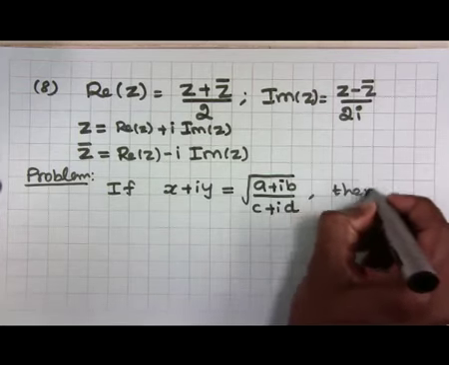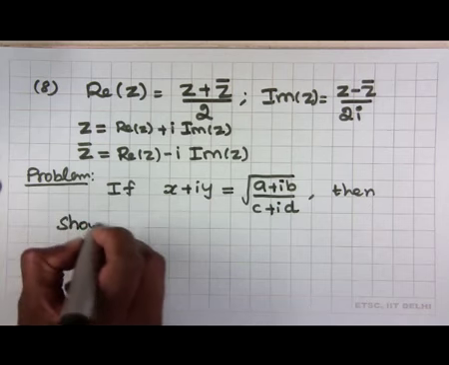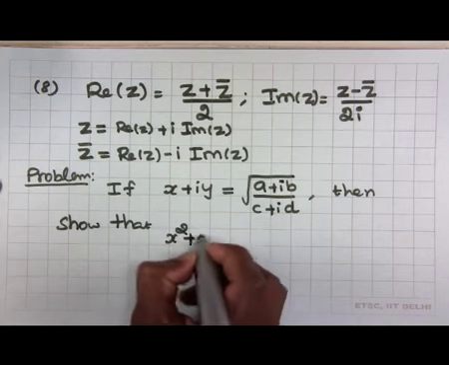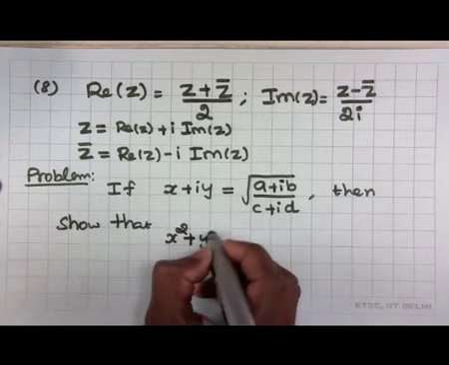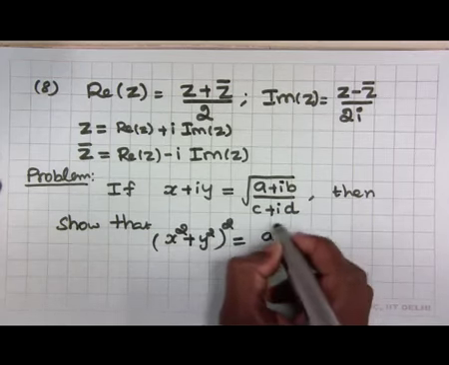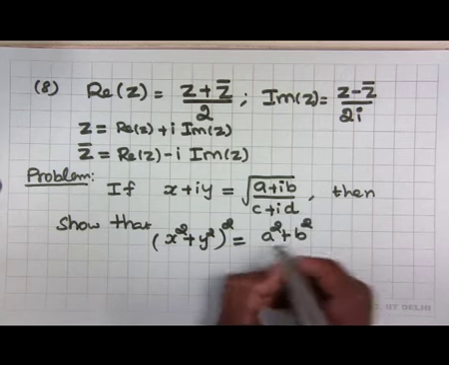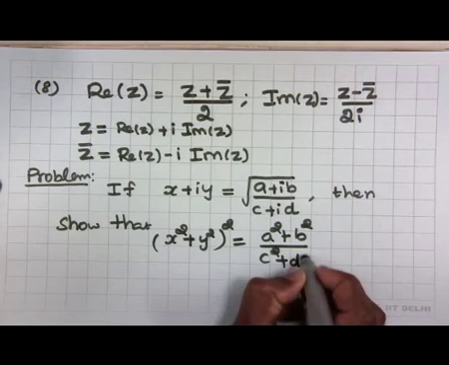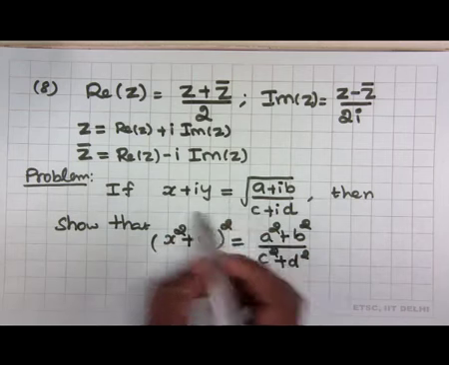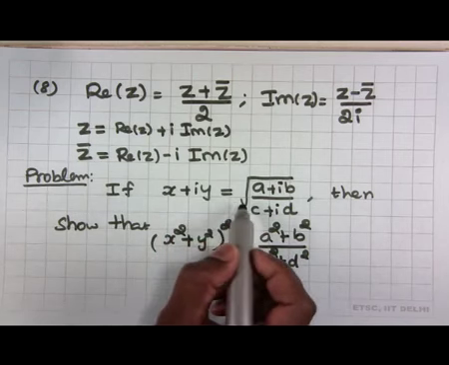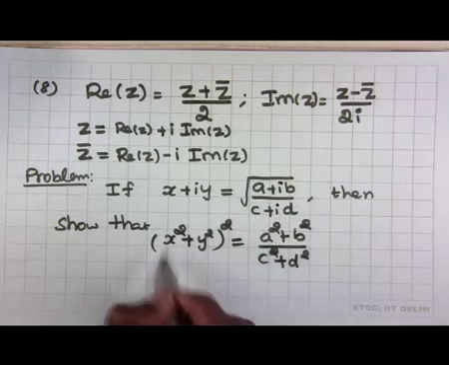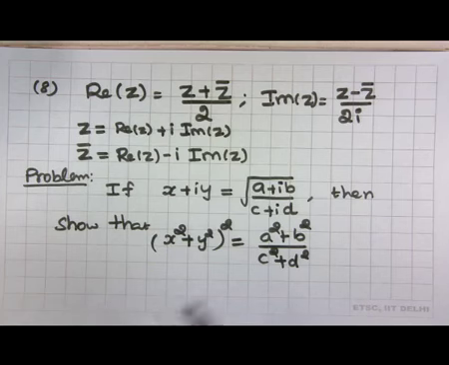Then show that (x square plus y square) the whole square gives you a square plus b square by c square plus d square. So, suppose the complex number x plus i y equals the square root of a plus i b divided by c plus i d; then we are able to derive this relation. So, we need to prove this.